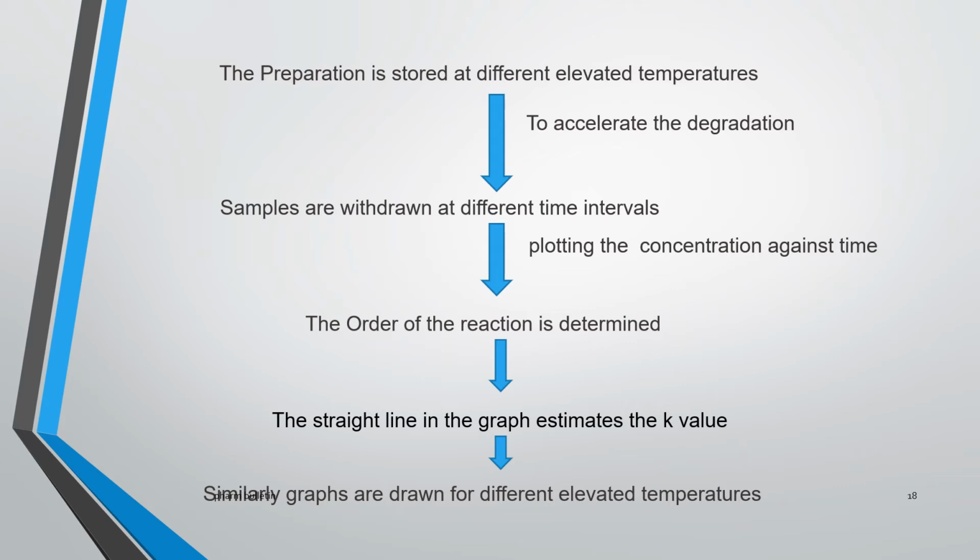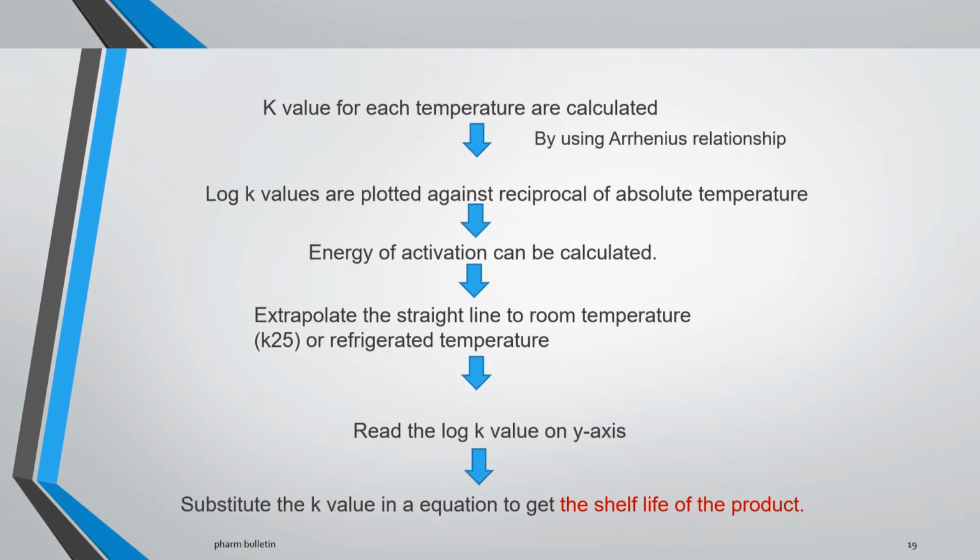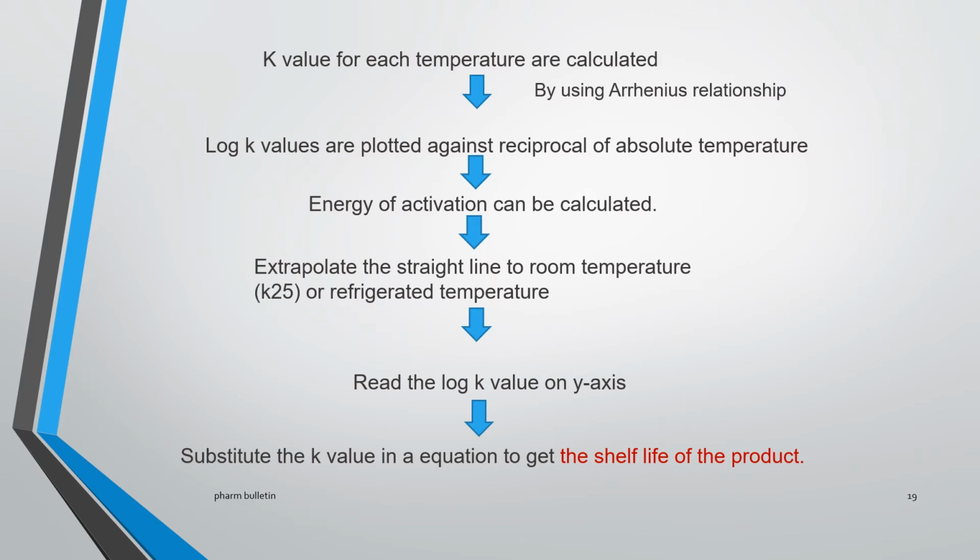After the samples are withdrawn, a graph is plotted of concentration against time. So here we'll get the order of the reaction. The straight line in the graph estimates the K value. Similarly, the graphs are drawn for different elevated temperatures. From that, the K value at each temperature is calculated.